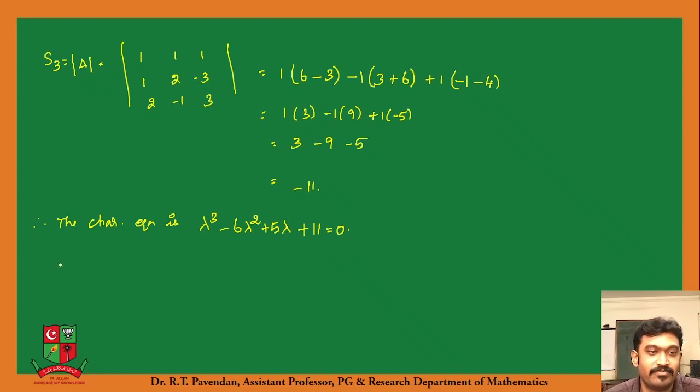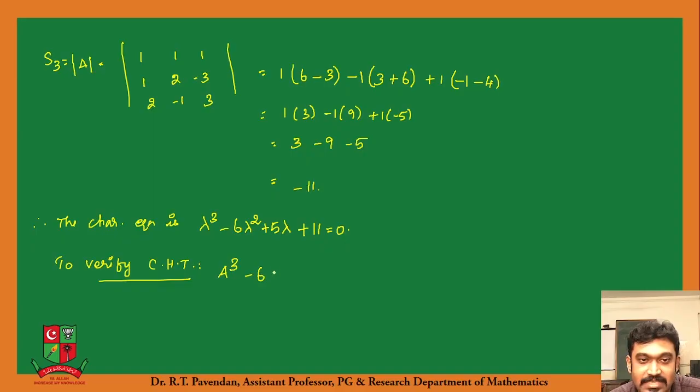The next step is we have to verify Cayley-Hamilton theorem. So what you have to do is, at the place of lambda, we have to replace the exact matrix itself. So what you have to verify is A cube minus 6 into A square plus 5 into A plus 11 into, here it is a constant number, but here we are dealing with matrices.